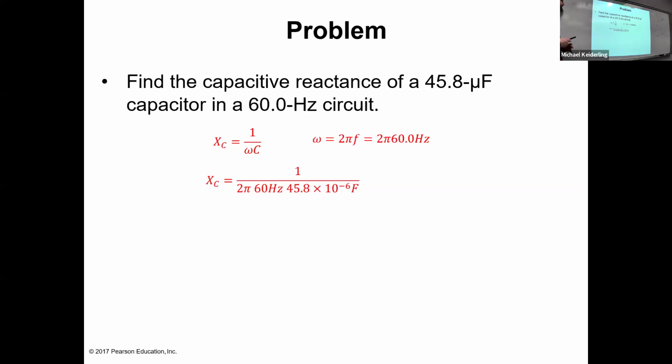So the capacitive reactance is going to be 1 over 2 pi times 60 hertz times 45.8 times 10 to the minus 6 farads, because it's a 45.8 microfarad capacitor. And that will come out to 57.9 ohms.